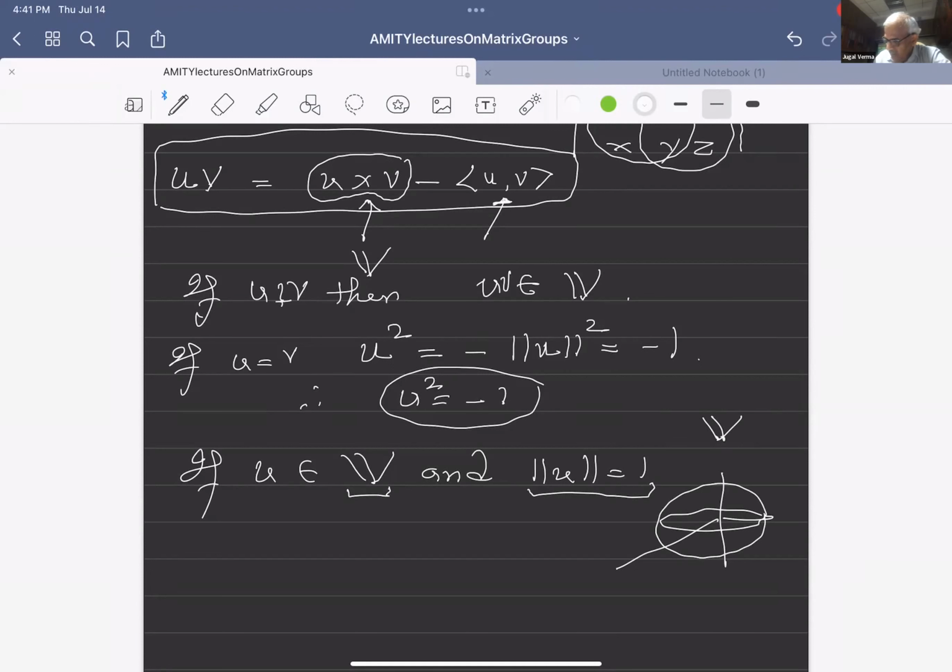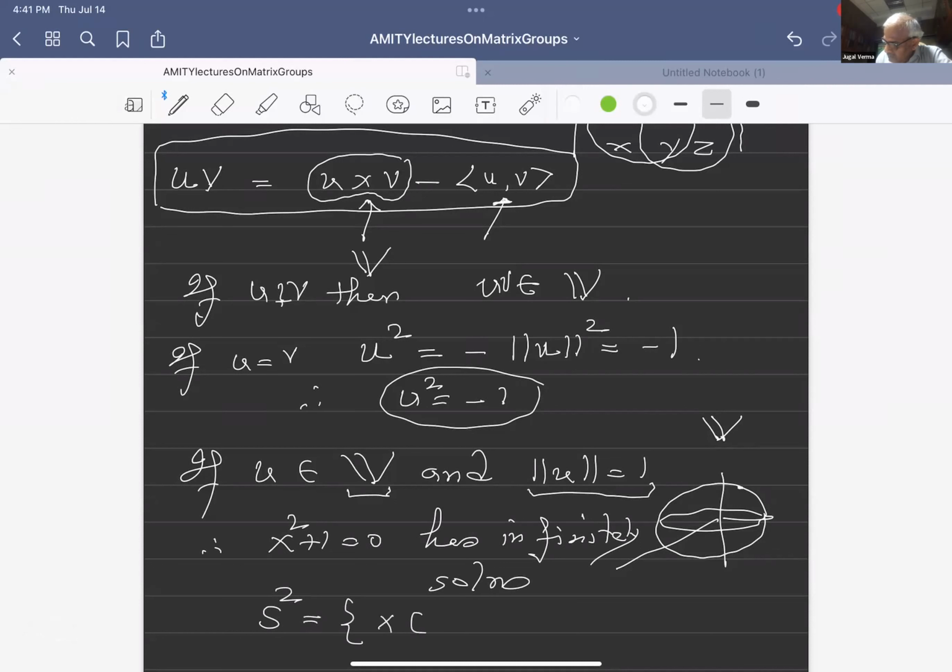And in this three-dimensional space, there is a two-dimensional sphere. If I take a vector on this two-dimensional sphere, its length is 1, and this formula says that U square is minus 1. Therefore x square plus 1 equal to 0 has infinitely many solutions. In fact, S2 is the set of all solutions.